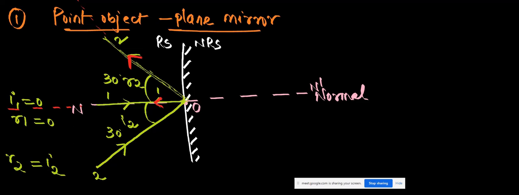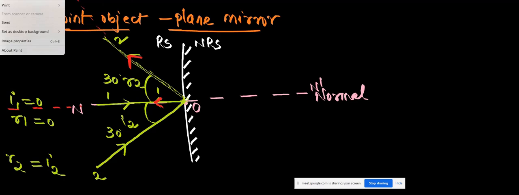Where did we consider the object first of all? We haven't considered the object. Just wait a minute, I'll redraw the diagram. We haven't considered the object. You didn't tell me. Okay, so this is the mirror.